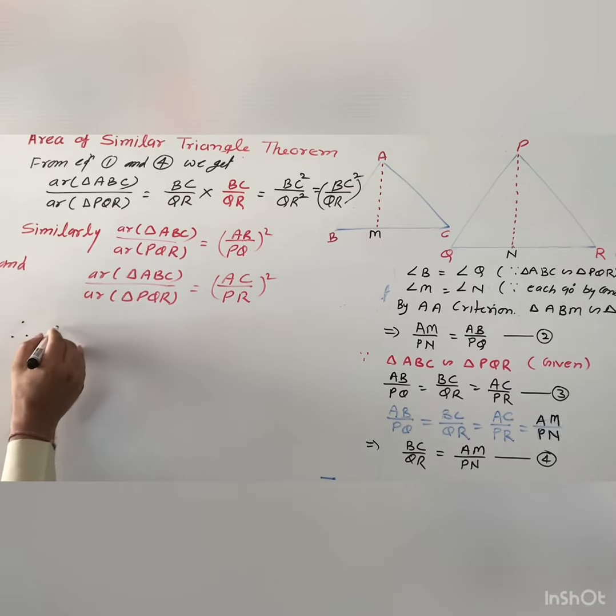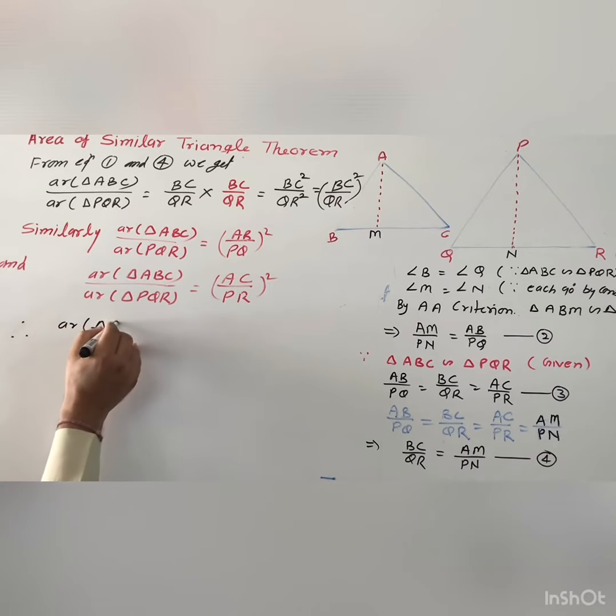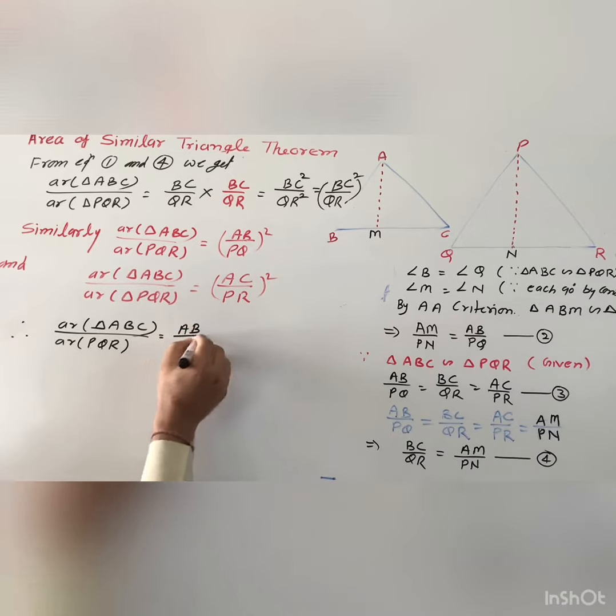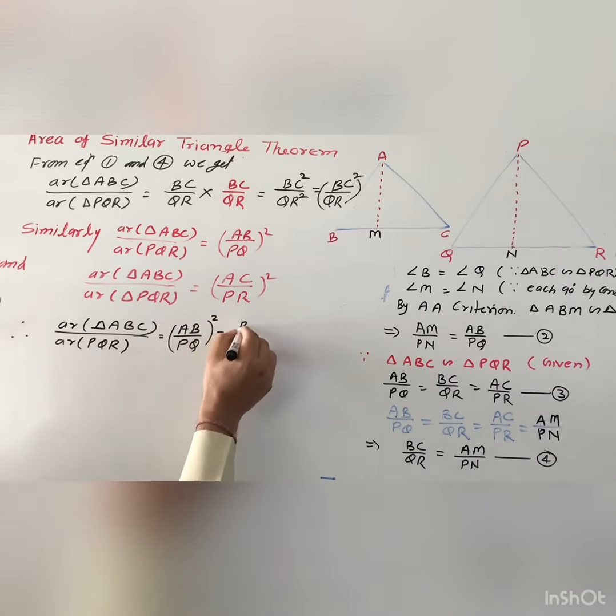Therefore we will write here area of triangle ABC divided by area of triangle PQR is equal to AB upon PQ whole square, equal to BC upon QR whole square, and AC upon PR, once again a whole square. So this is our requirement. So you can write here and prove.